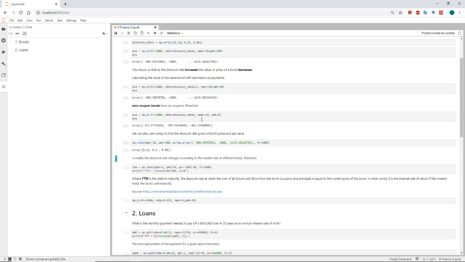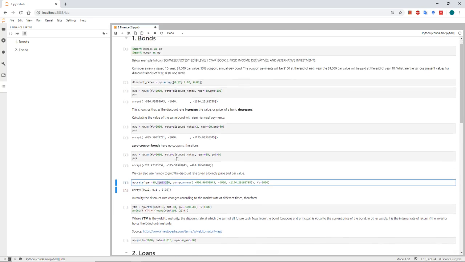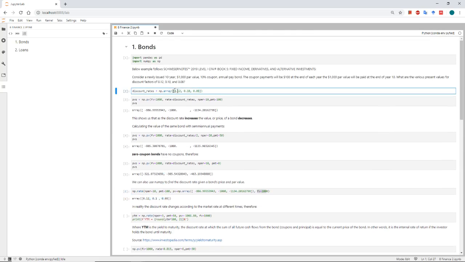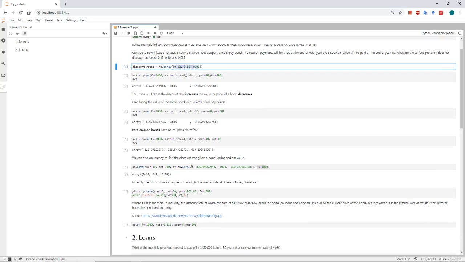And so here we are getting those rates back. We fed in the present values as an array with the payment, so with the same terms, and yet we get back our original discount rates. So that means that this is internally consistent.